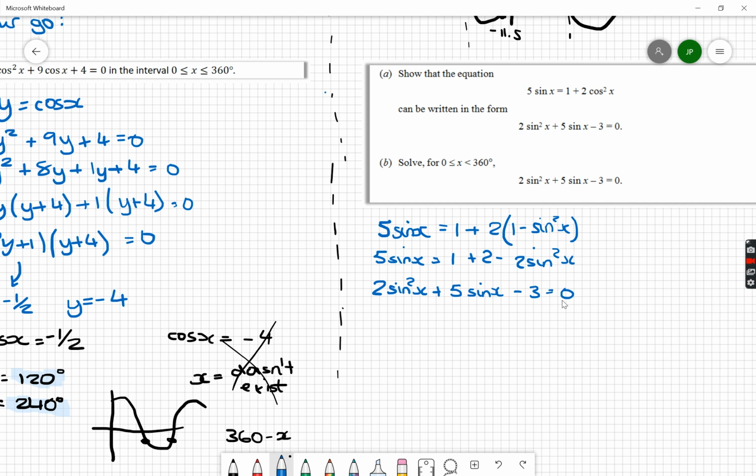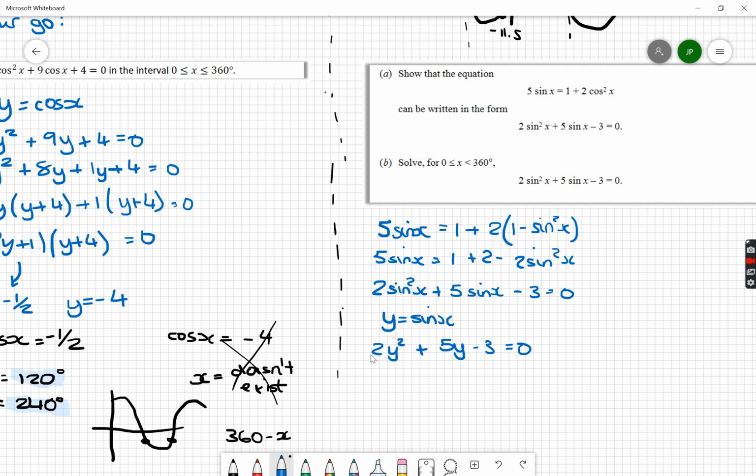Second bit, now we've got to solve it between 0 and 360. It's in the form of a rough quadratic, so I know that my substitution is going to be y equals sine x. So I will have 2y squared plus 5y minus 3 equals 0.